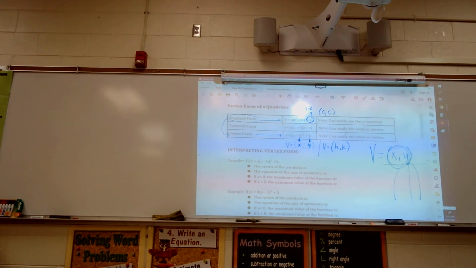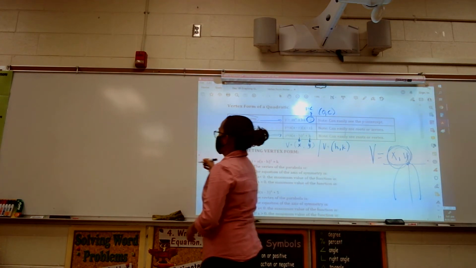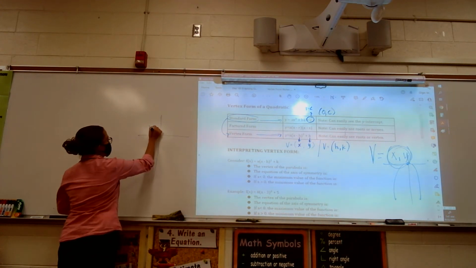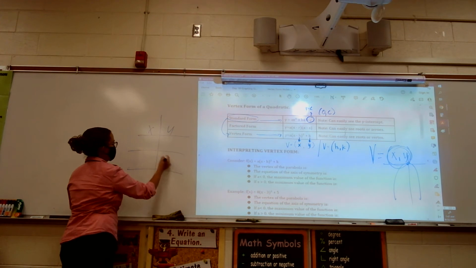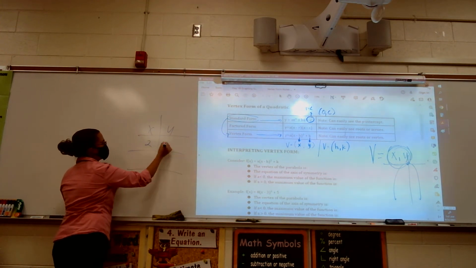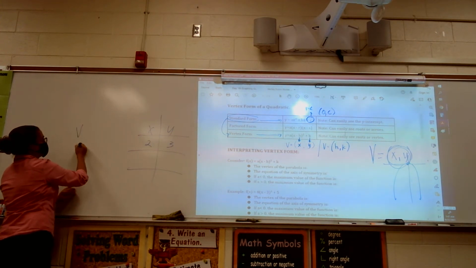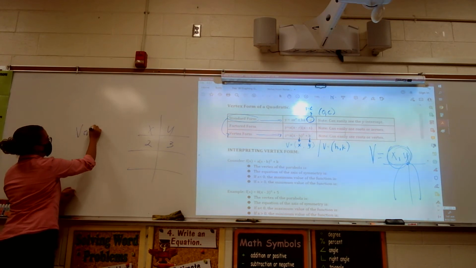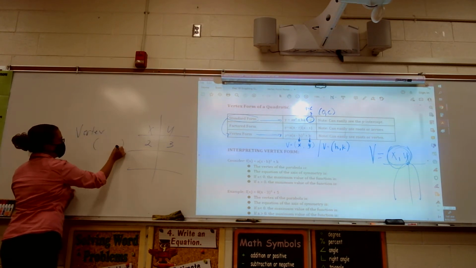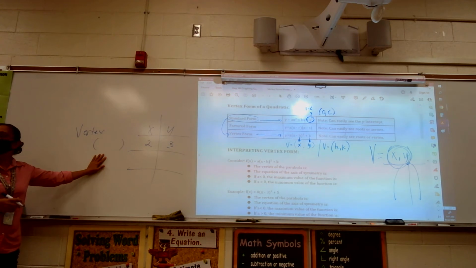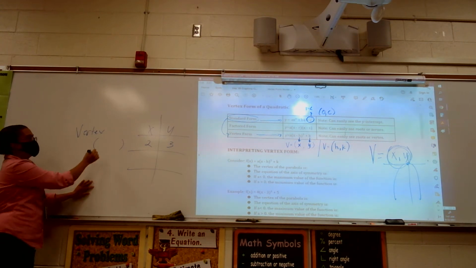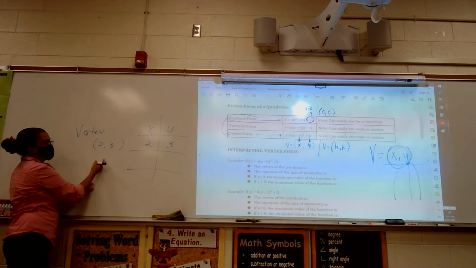We're good? Okay. Example. I'm gonna write X and Y here. And I want to have 2, 3. What's the first coordinate of the vertex? Okay, 2, 3.